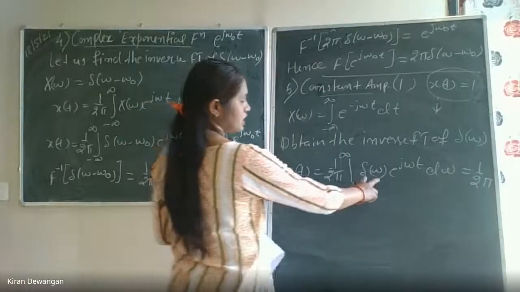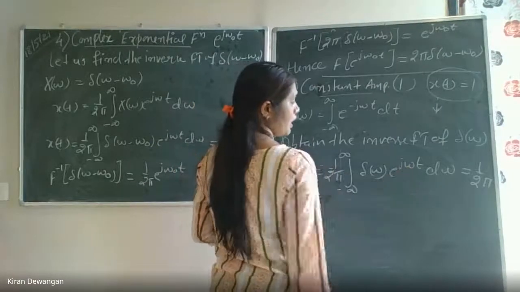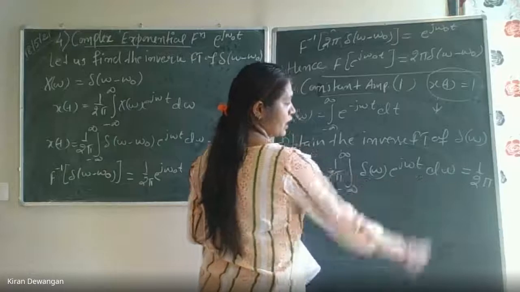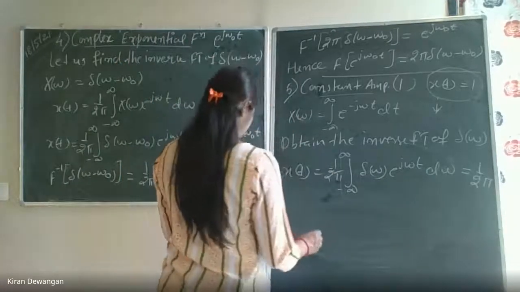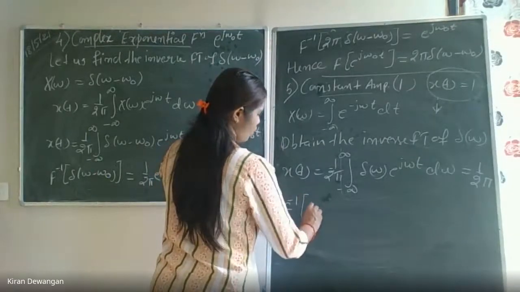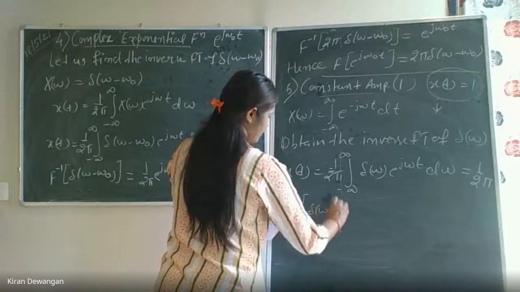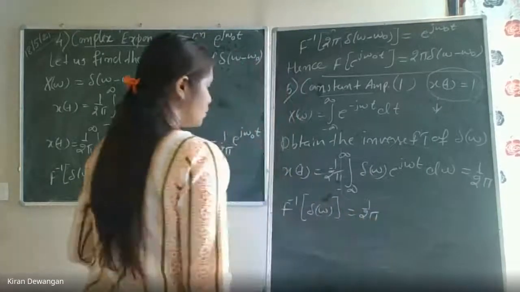Okay? Because this exists at only omega equals to 0. So e to the power j omega t will have the value 1 at omega equals to 0. So the value is 1 by 2 pi. That means the inverse Fourier transform of del omega is 1 by 2 pi.